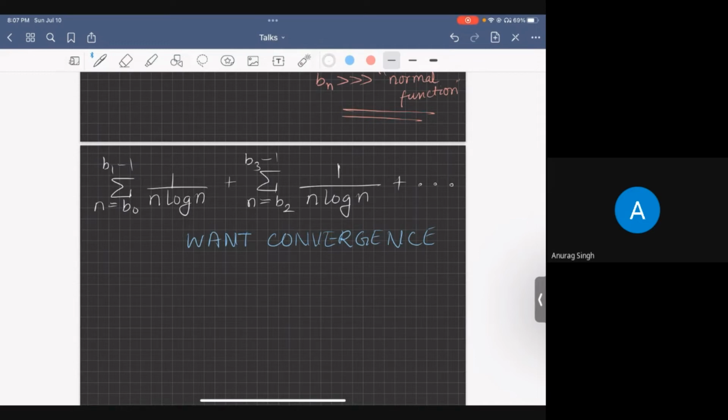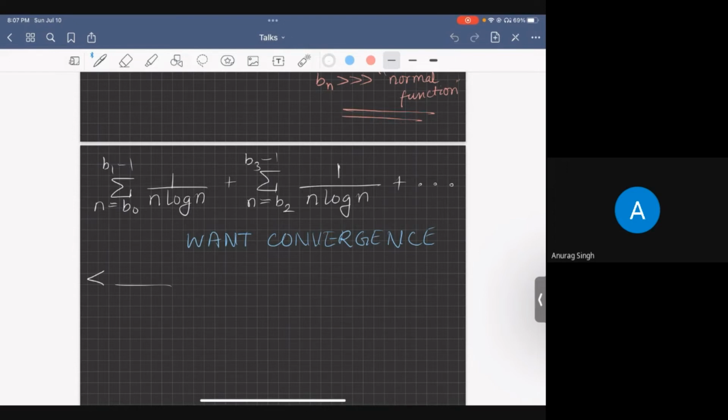And so what do you do? If you want convergence, it's best to show that this is less than or equal to something else that converges.